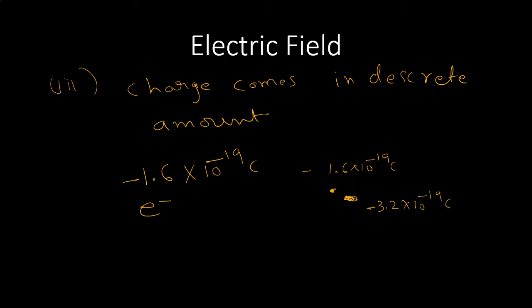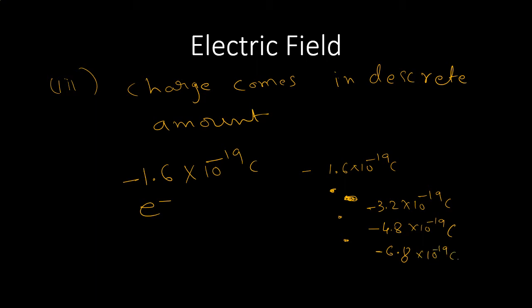No in between values. After adding another electron, you will have minus 4.8 into 10 power minus 19 coulomb. If you add one more charge, you will have minus 6.4 into 10 power minus 19 coulomb.